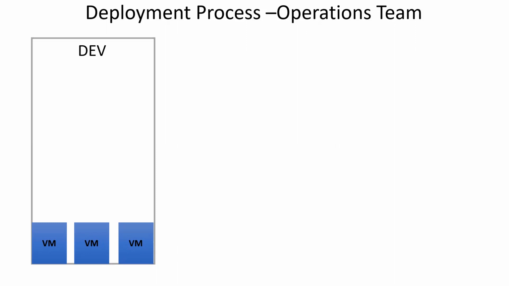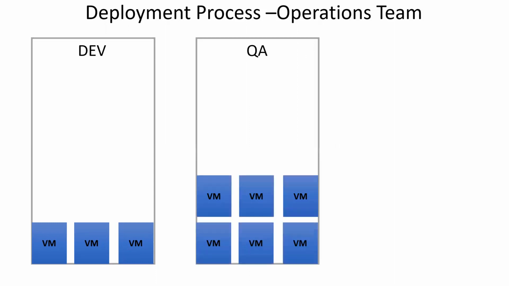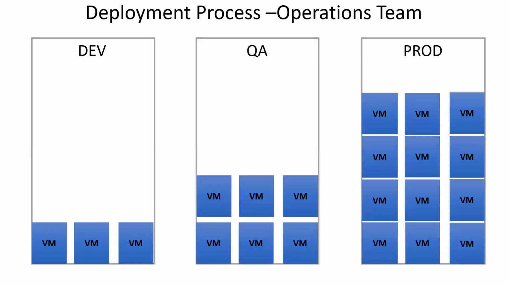They are responsible for giving you infrastructure. Infrastructure means something comprising of server, storage, network, databases. So the ops team is working hard in the backend to meet your environmental needs.